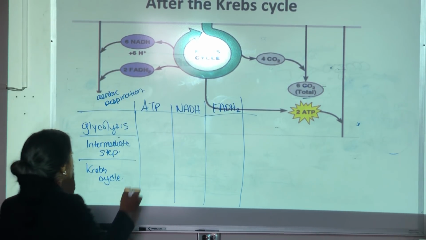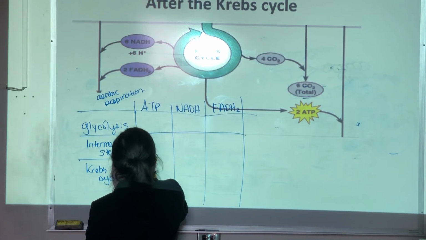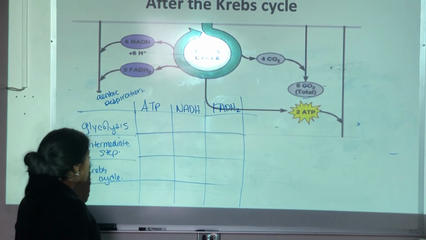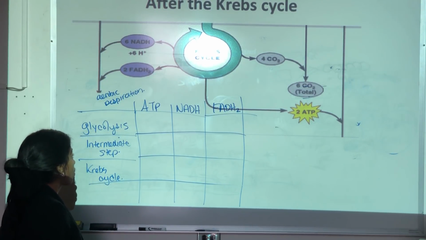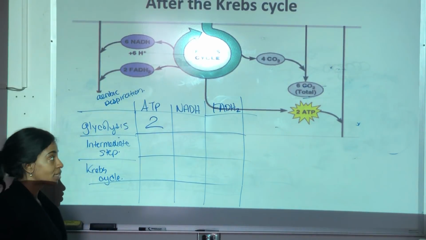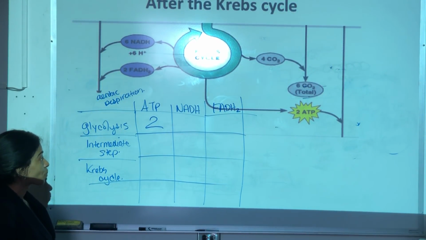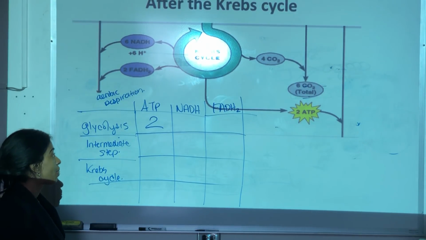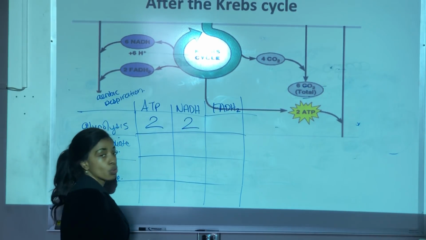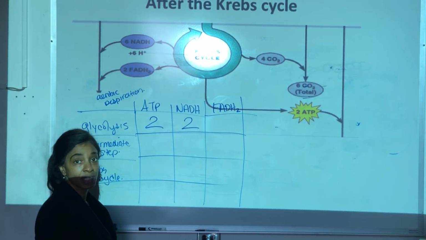Okay, so in total, for glycolysis, we said that in glycolysis, there was a net of 2 ATP at the end. Right? And that there was a total of 2 NADH that was made. How many FADH2?